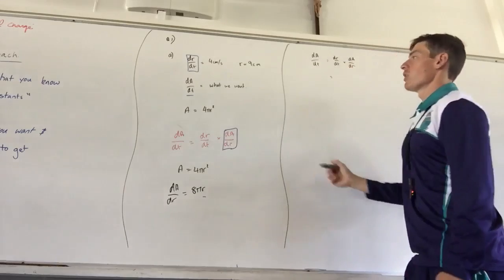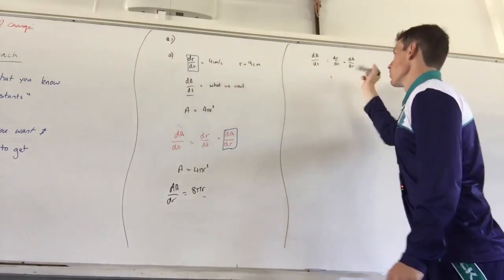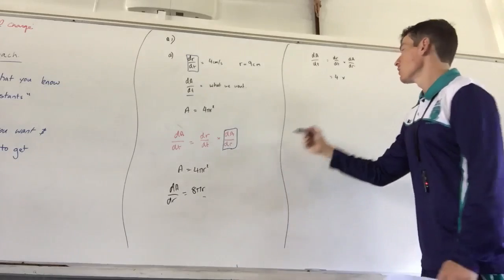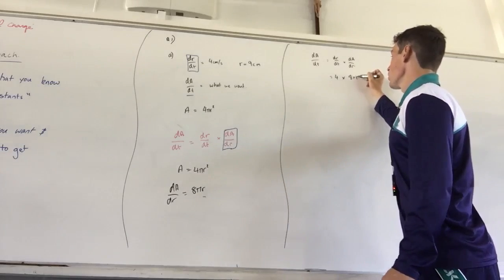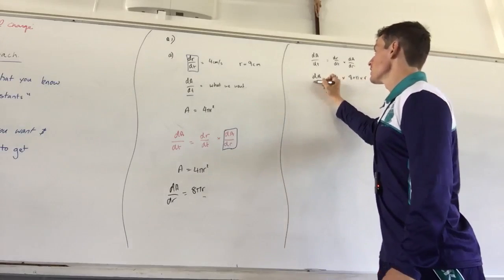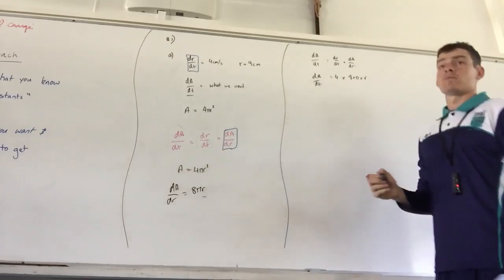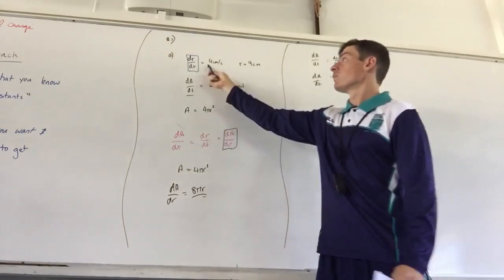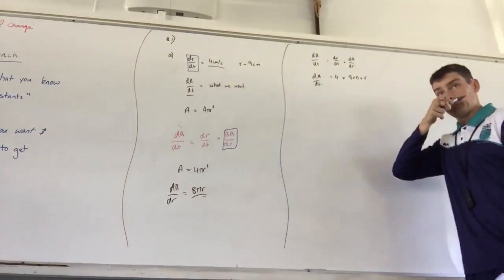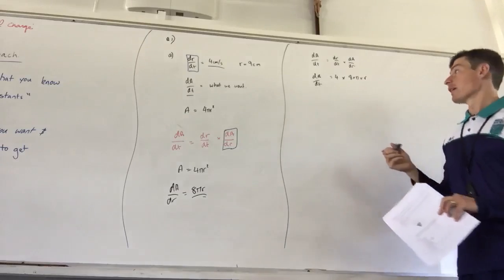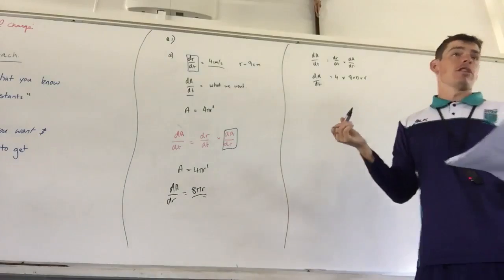I write down what I know. I'm going to drop my unit now. I don't have to. So I'm just going to write 4 times 8 times pi times r equals dA/dt. Are we clear there, or was that too quick? Okay. I'm now just going to collect my like terms.